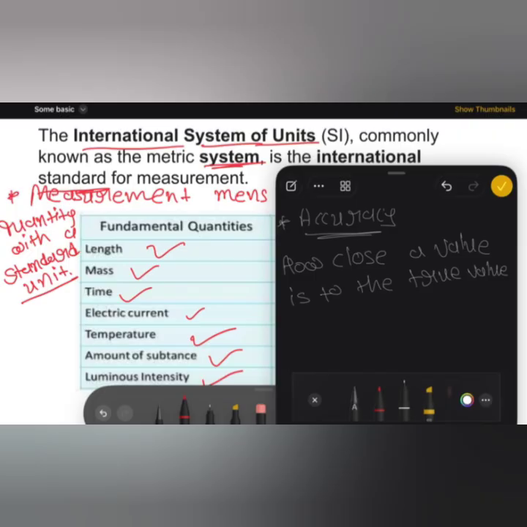And the next term is precision. What is precision? How close repeated measurements are to each other.